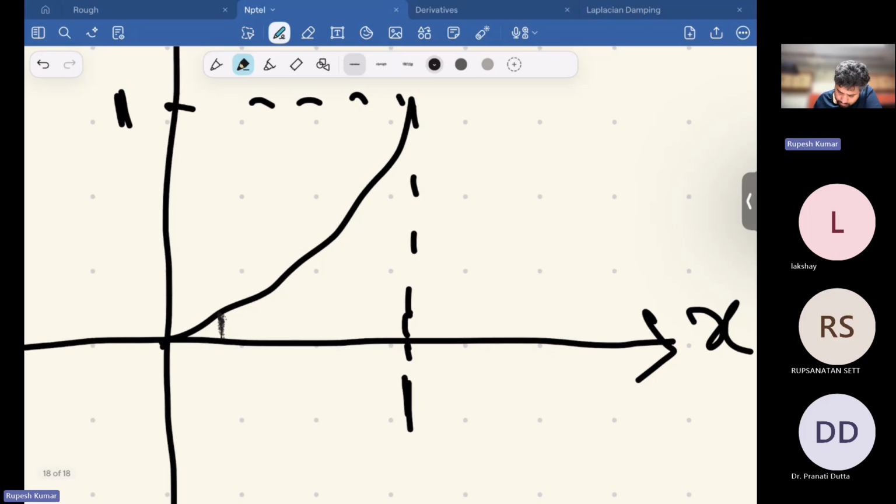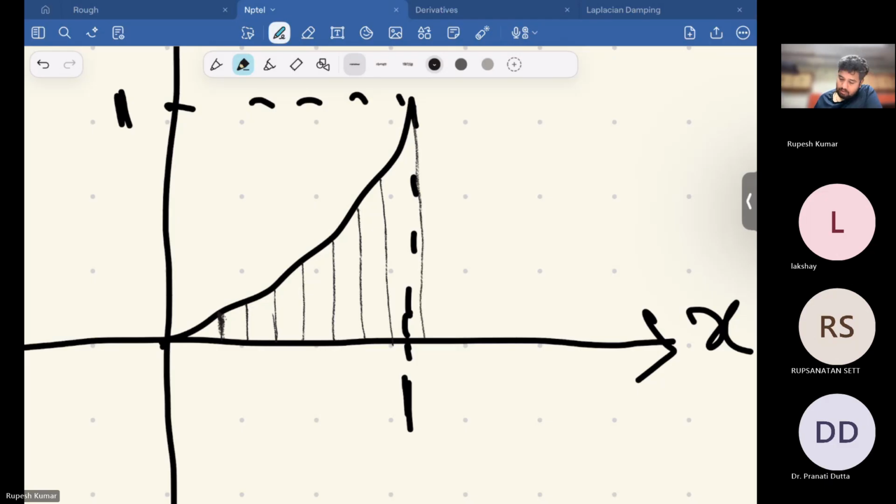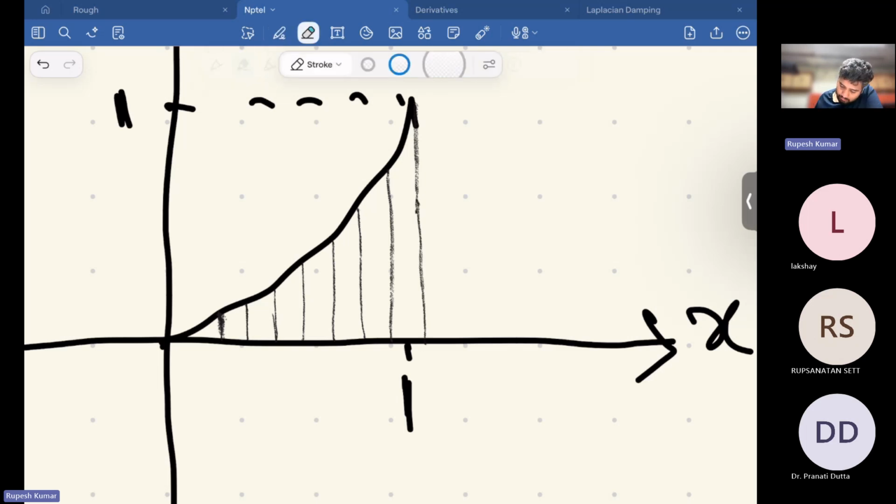Right. So you can split this into small segments at equal distances on the x-axis, right? Let me just erase this, and then you get this line, and then finally this, right? So this is x equals 1 here, right?